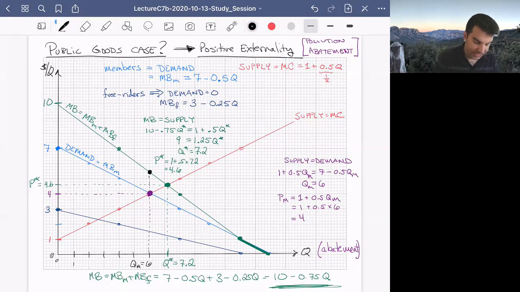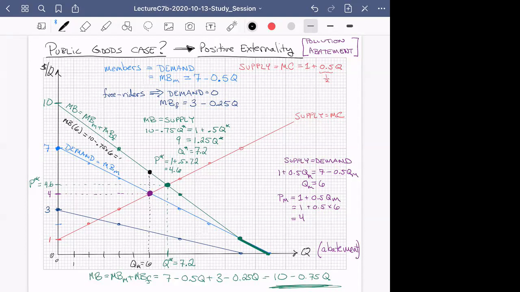And so that point I can get by evaluating the total marginal benefit at 6. So the marginal benefit when Q is equal to 6 is just equal to 10 minus 0.75 times 6, which is equal to, yeah.